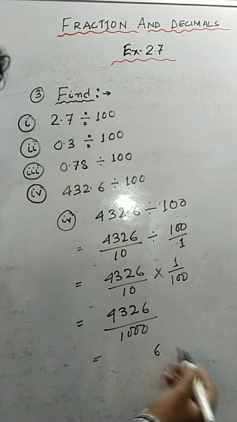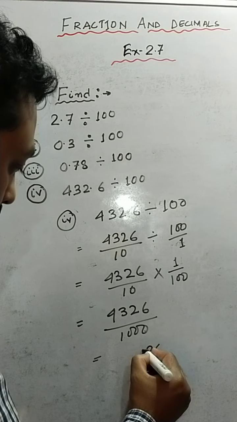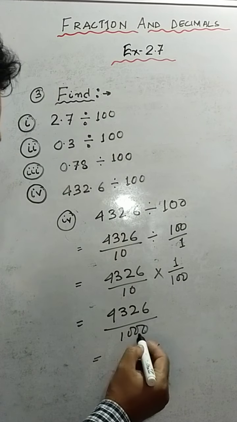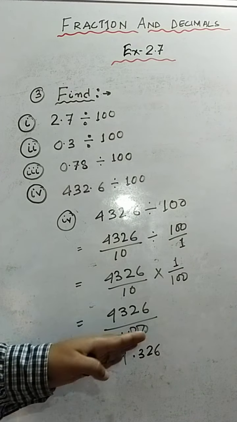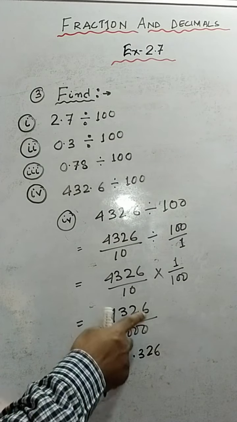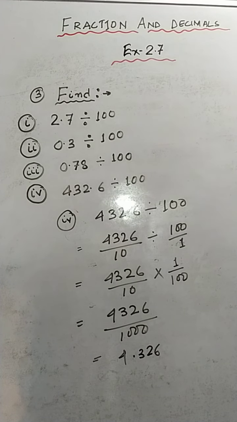From the extreme right we have to move towards the left, and after 3 digits we have to put the point, because there are 3 zeros. We all know the concept of changing the fractional form to the decimal form. So this is the required answer, 4.326.